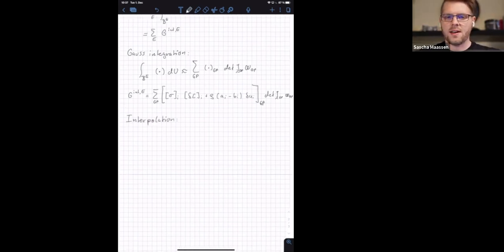Okay, so on the finite element level, we introduce an interpolation scheme.